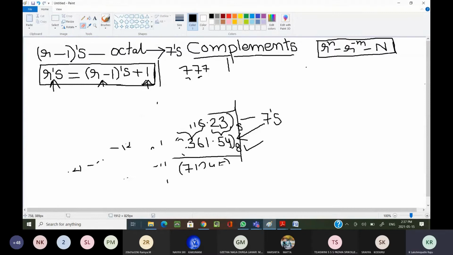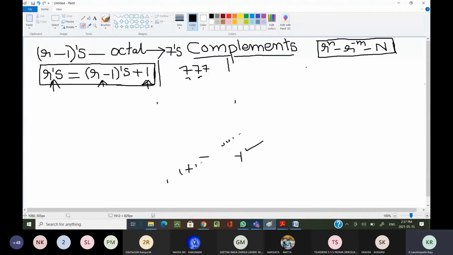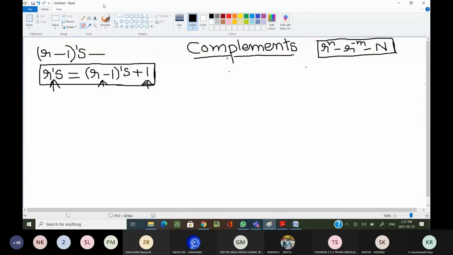Now we are moving to the hexadecimal number system, that is our last number system, and we are calculating the r minus 1's complement, or diminished radix complement, of the hexadecimal number system.